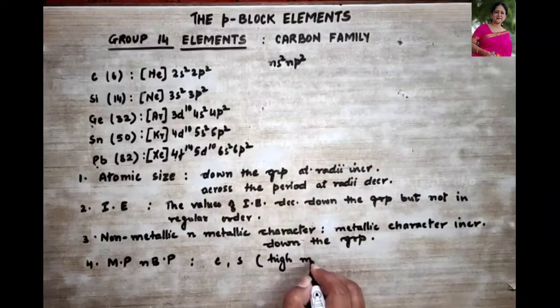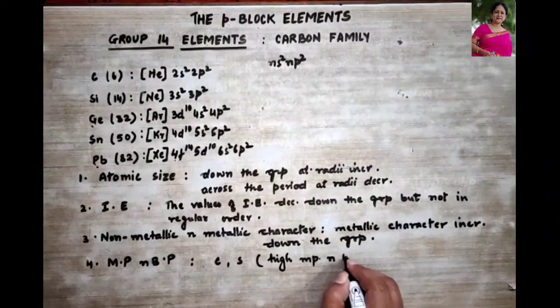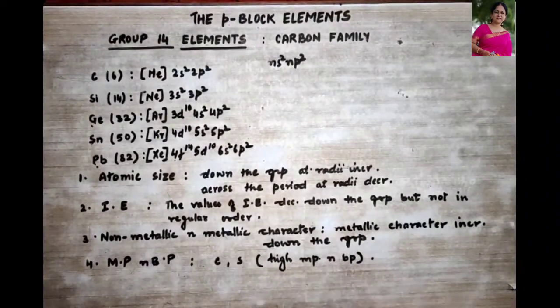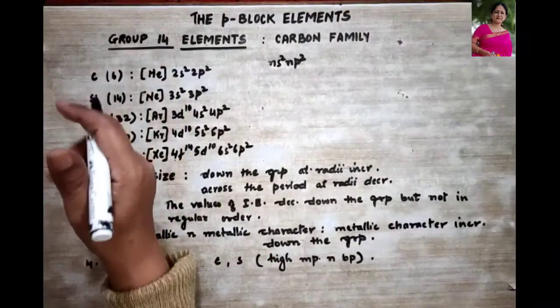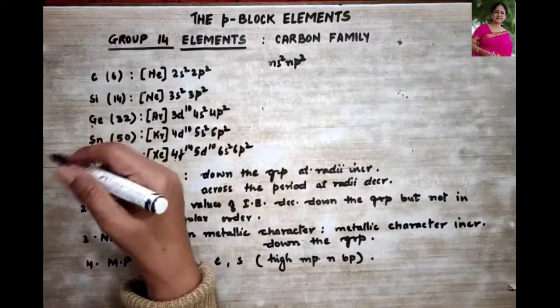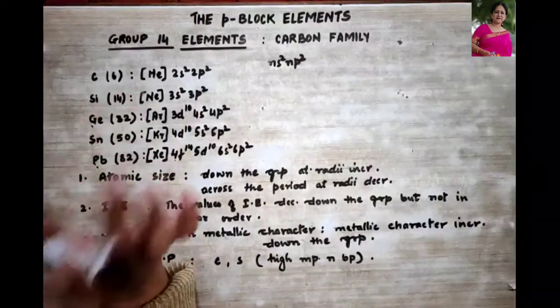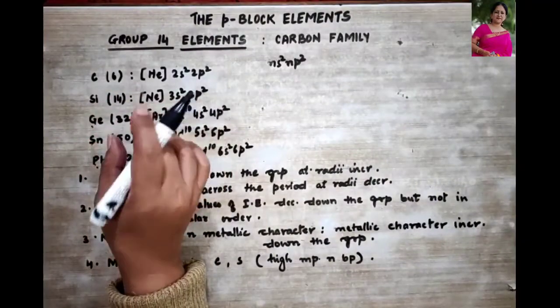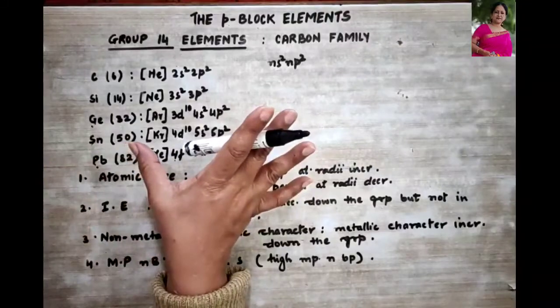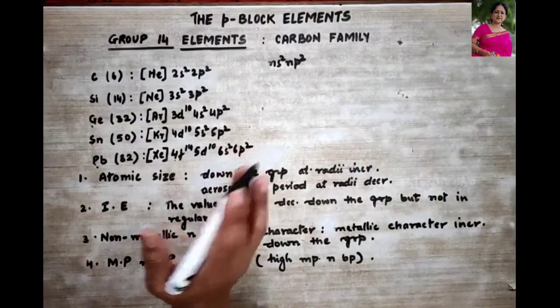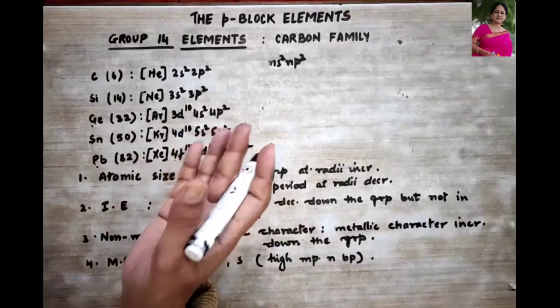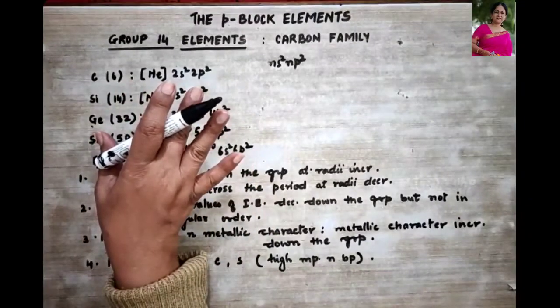The values generally decrease from carbon to lead. Why? Due to the increase in attractive forces because of the increased size, right? Carbon and silicon have very high melting and boiling points because they form giant molecules.